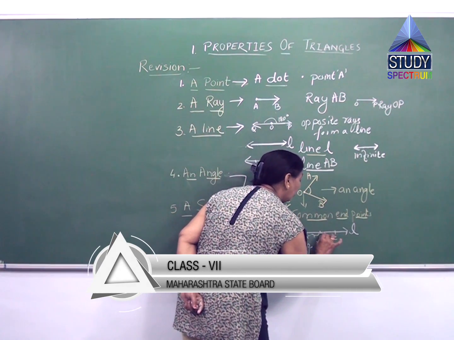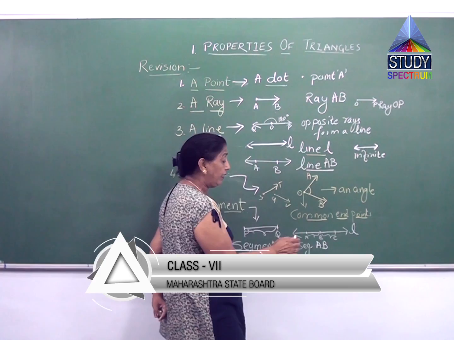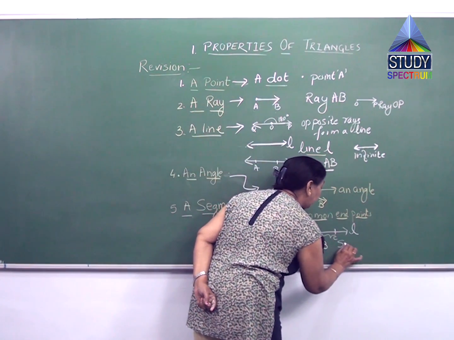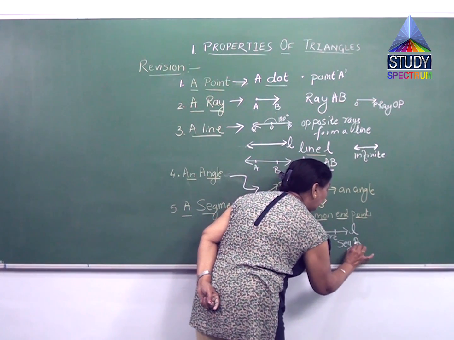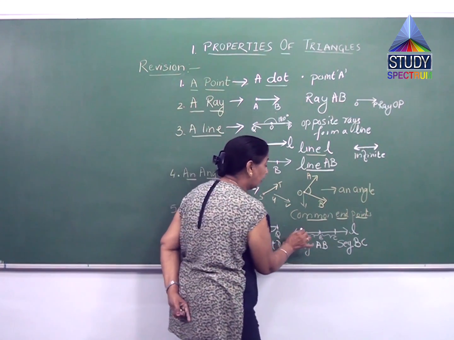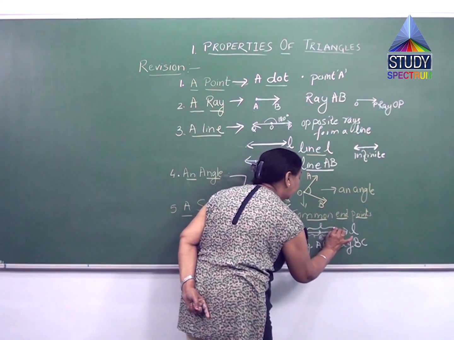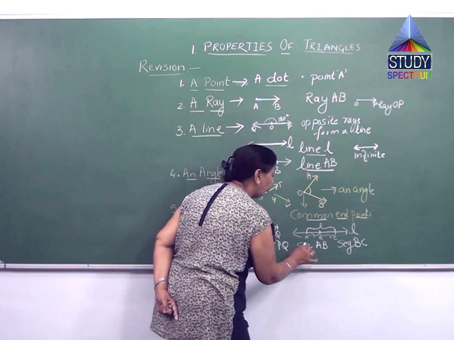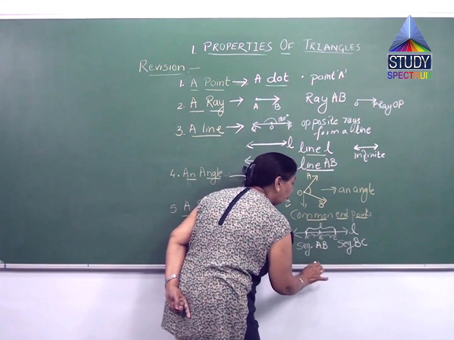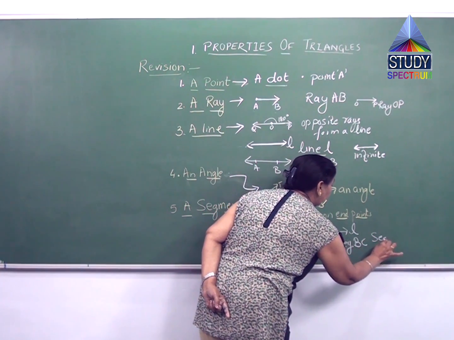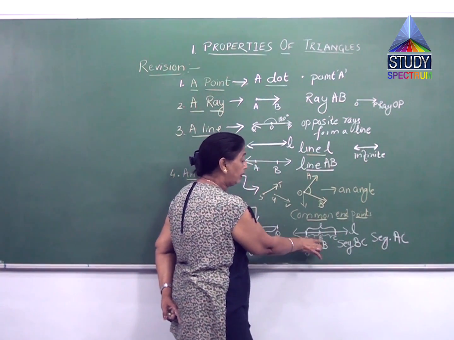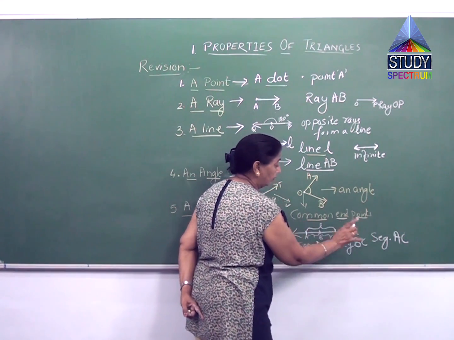Next, BC is also a part of a line and it has 2 endpoints, so according to the definition we get another segment, BC. Now the third one, you may be thinking, which is the third one? The third one is AC. As this is also a part of a line and it has 2 endpoints, this is also a segment. So we get 3 segments: AB, BC and AC.